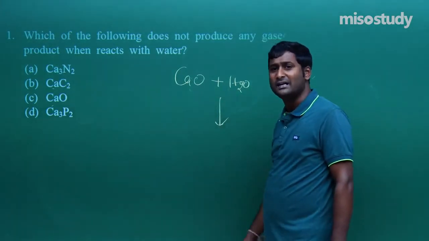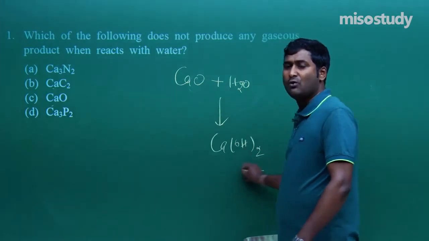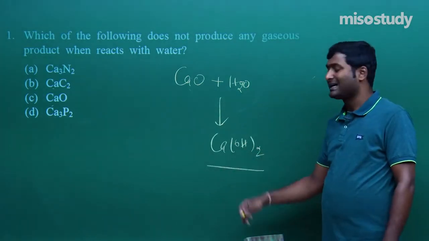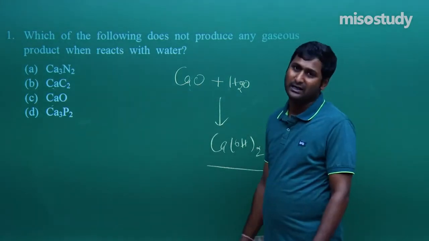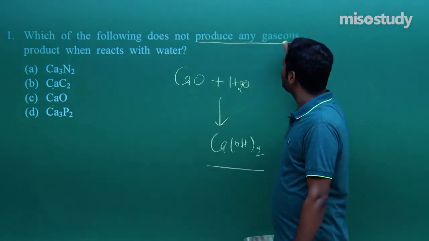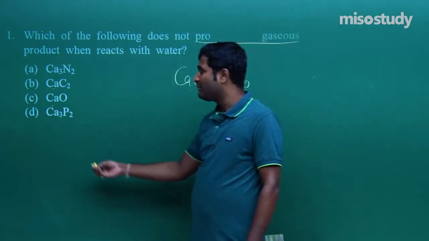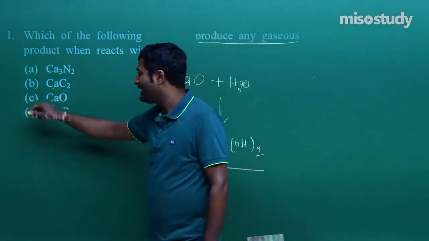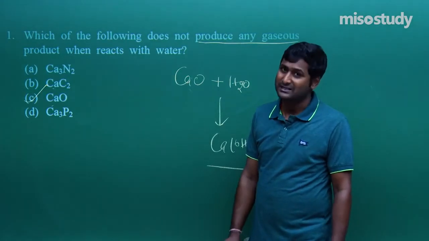It will give you Ca(OH)2, slaked lime. There is no other product formed. So, the question is which does not produce any gaseous product; in this case CaO will not give any gaseous product.